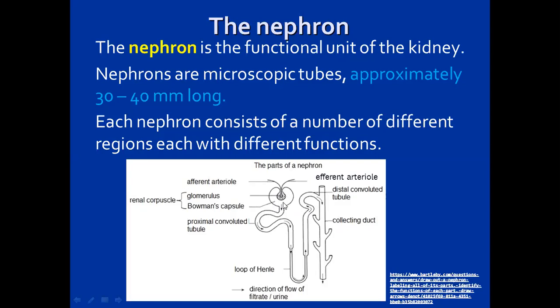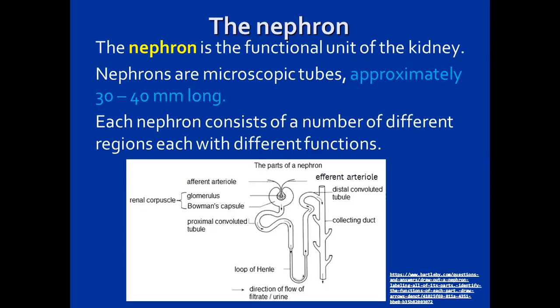And then the tubule consists of a number of different regions. The proximal convoluted tubule in the cortex, the loop of Henle with the descending limb and the ascending limb of the loop of Henle, and they lie within the medulla, within the pyramid of the medulla.